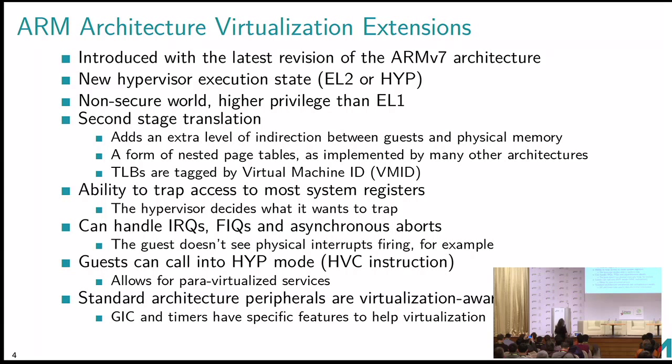We can decide to trap on accesses to most system registers on a fairly fine-grained, well, more or less fine-grained basis. Never enough. The hypervisor can really decide what it wants to trap.